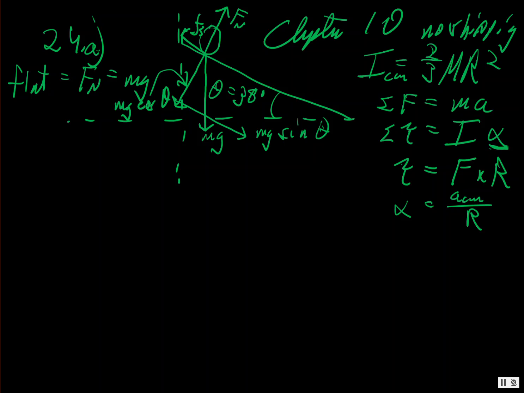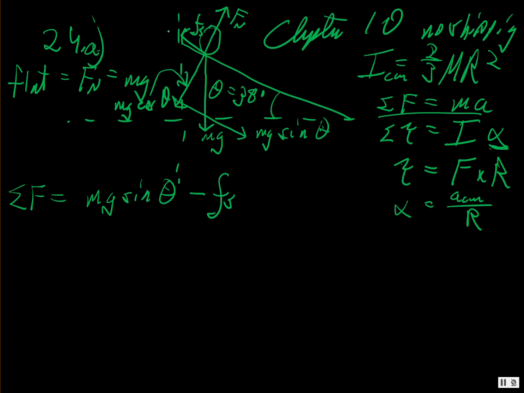Remember, we started with the sum of all forces, right? So let's sum up all the forces at work. The sum of all forces is equal to what? We have the weight being distributed at an angle, which is the actual applied force, mg sine theta. Then we have the frictional force, which is in the opposite direction.